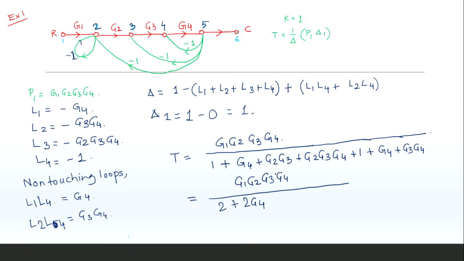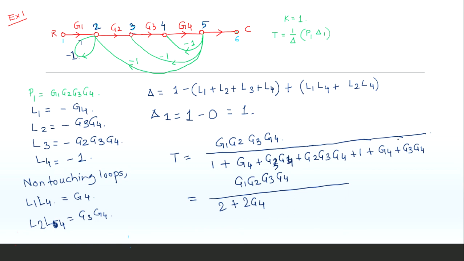Okay, and I have written it wrongly. This is G4 and it is G3 G4. Sorry, it will be G3 G4. Sorry, I have written it wrongly.